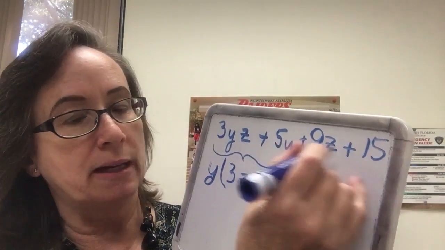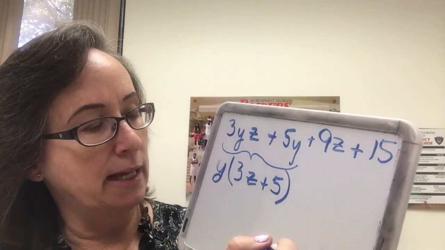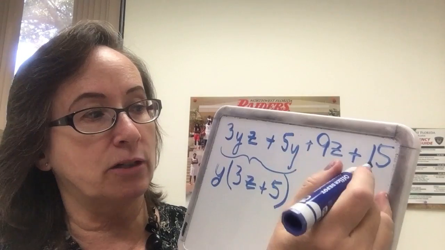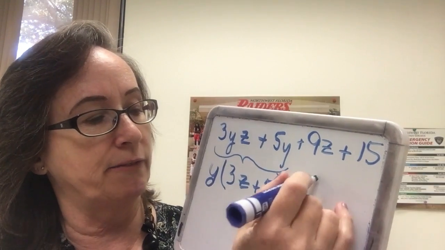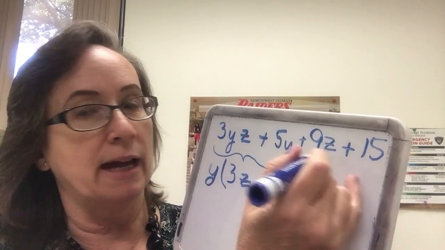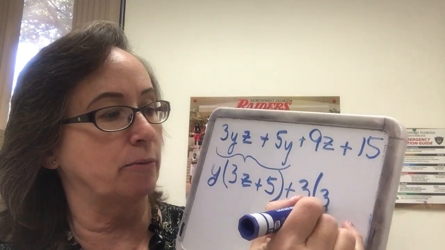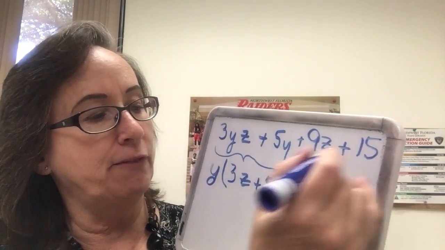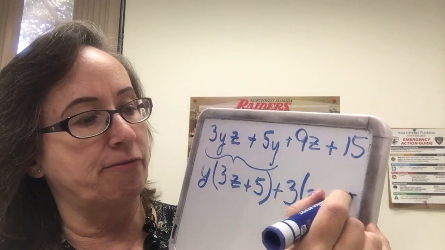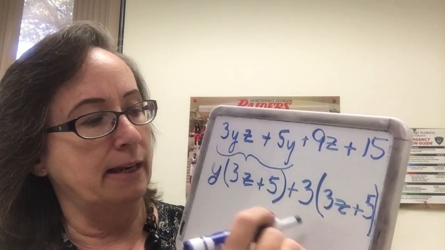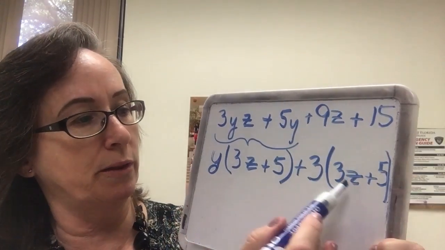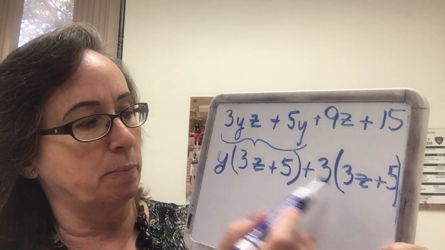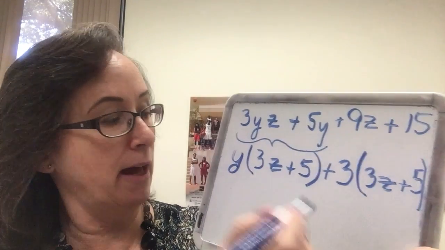Okay, so then we come over here to the second portion, and we're going to pull out its greatest common factor, which is a 3. The 9 and the 15 both have a 3, so 9z divided by 3 is 3z, and 15 divided by 3 is 5. And now, can you see that both parts of the problem have a 3z plus 5?